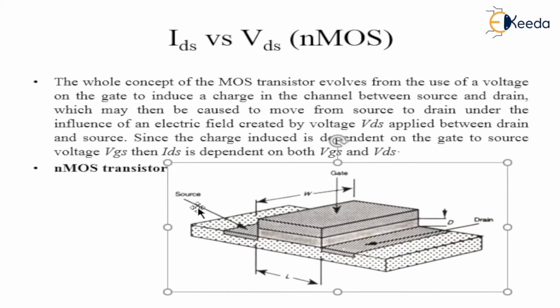One acts as the source and the other acts as the drain. So let us discuss the NMOS transistor behavior in saturation mode as well as in non-saturated mode, and find their electrical characteristics mathematically from an equational point of view. We are going to study this in this video.